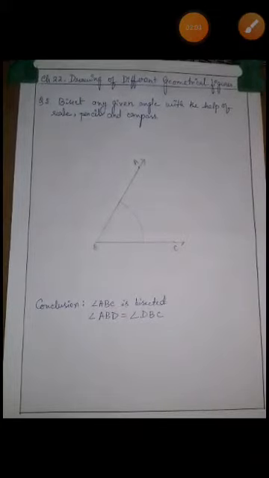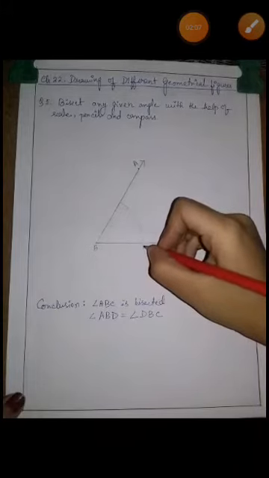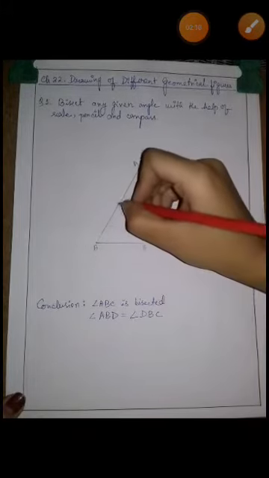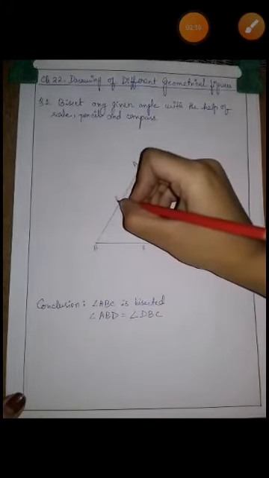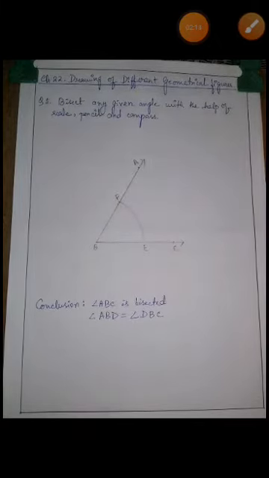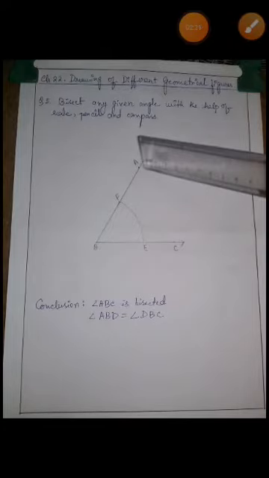Now mark the 2 points as E and F. That means the point E will lie on side BC of angle ABC and point F will lie on side AB of angle ABC.